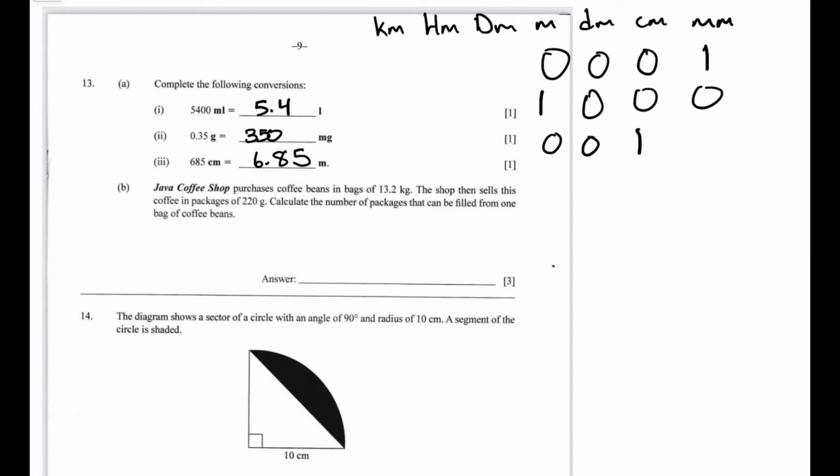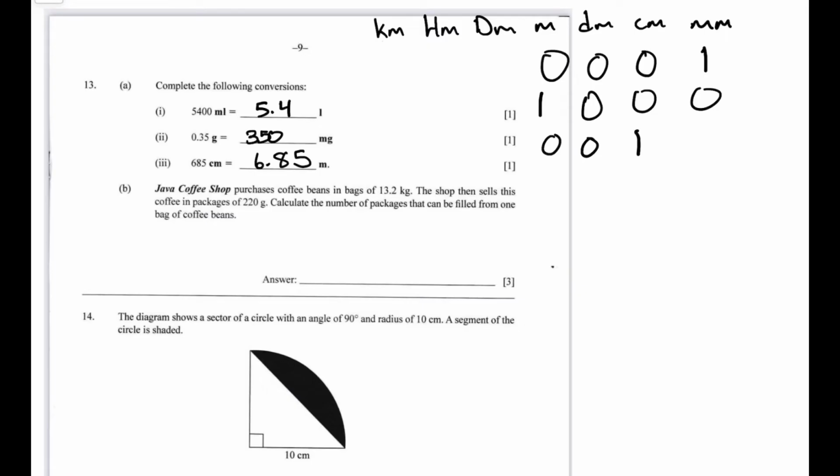So they basically purchase coffee beans in bags of 13.2 kilograms, right? And then they sell the coffee in packages of 220 grams. And we want to know the number of packages that can be filled from one bag of coffee beans.